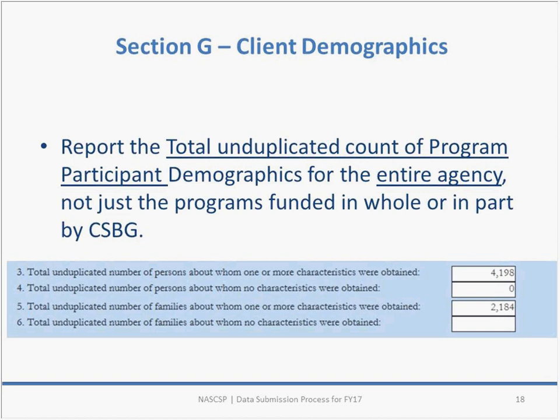If you have data points that you can collect, you would place them in the overall sections where you have characteristics to report in 3 and 5, and you would report the characteristics that you were able to obtain in the rest of the demographics form.